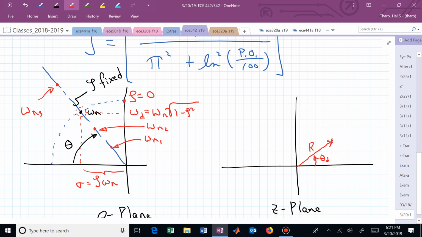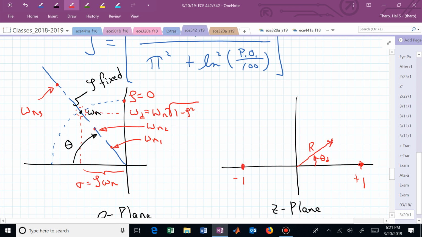So when we grow omega sub n, I don't know if I like these colors, and I definitely don't like that label. That's supposed to be plus 1. As we start at DC, we are right here. And at the highest frequency that we can possibly get in the z-plane, we're at minus 1.